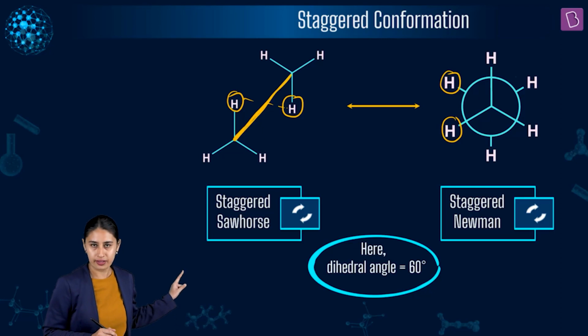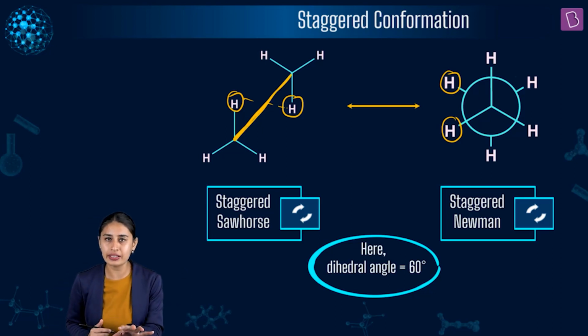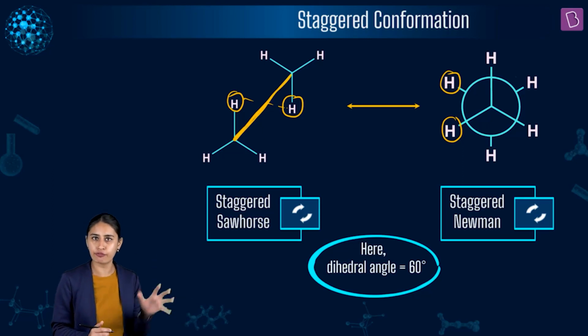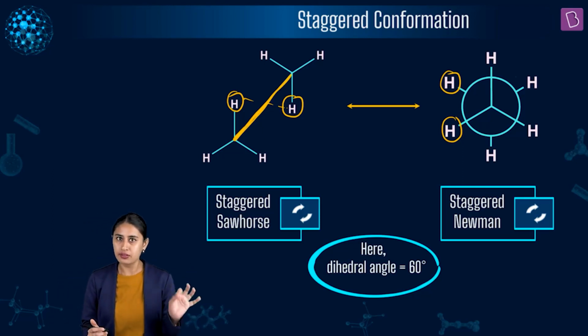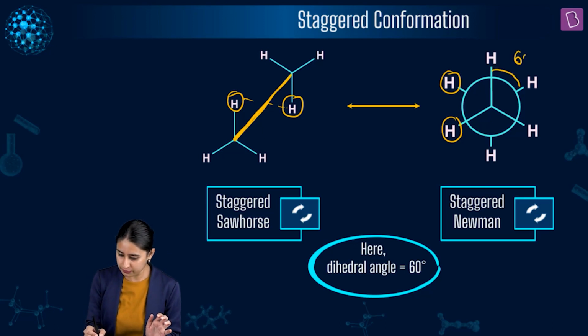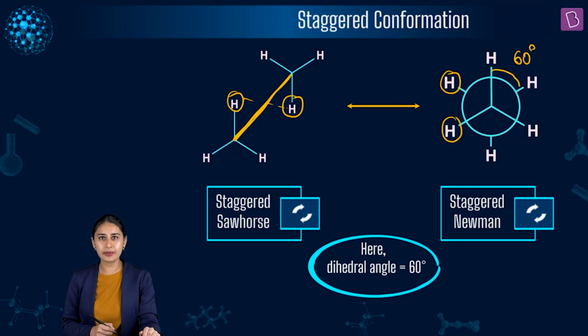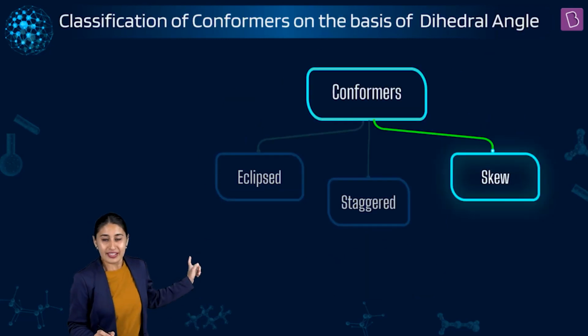Is it clear, everybody? So this is how the dihedral angle is helping us in understanding the different conformers. The angle is this, a 60 degree dihedral angle.